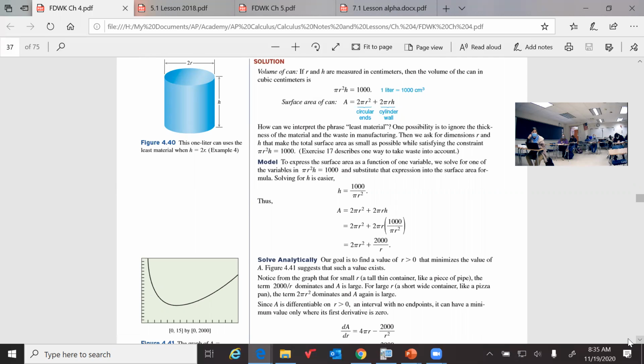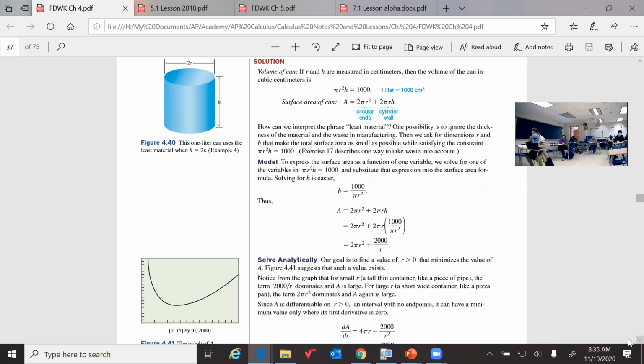I'm in the middle of this page, which is 224. Here's the area, 2 pi r squared plus 2 pi r h. That's what h equals. Paste it where that h was. Now what? This r reduces with one of those r's. The pi's reduce. Distribute the 2. And you get this thing, which is 2 pi r squared plus 2,000 r to the negative 1.